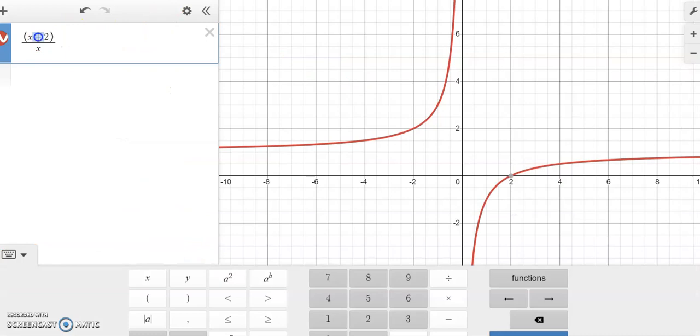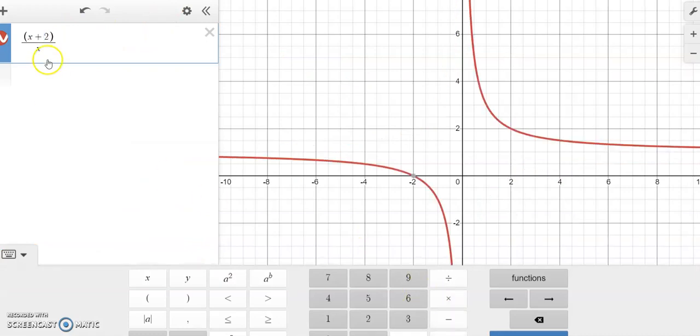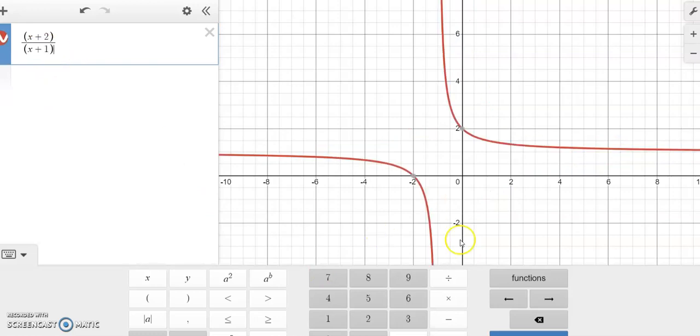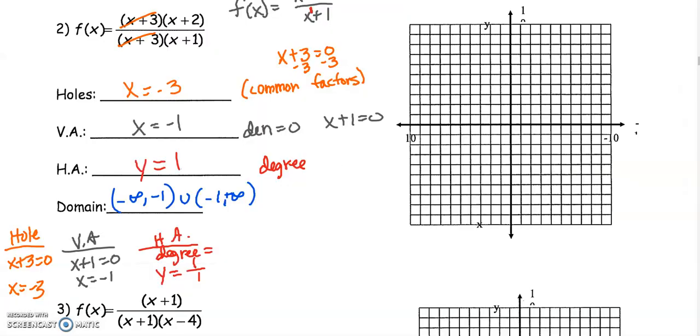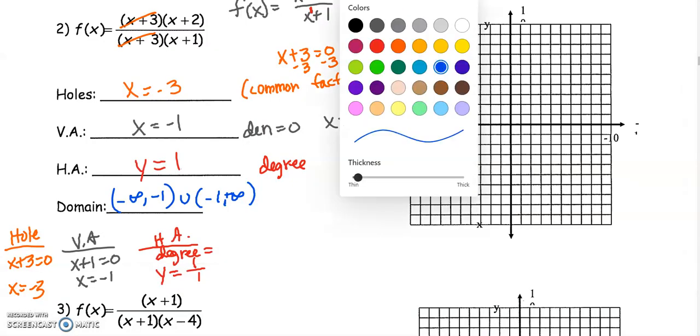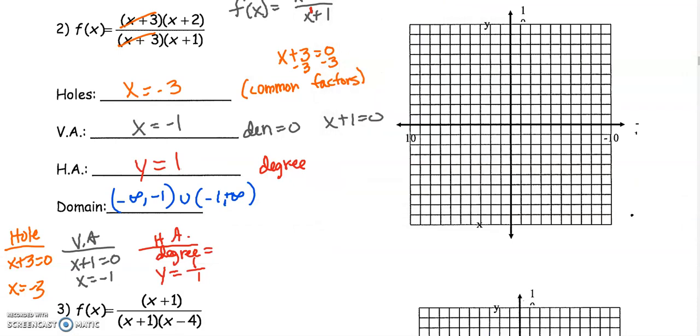It was x plus 2 over x plus 1. And there it is. So we're going to make our graph look like that. Let's put in our asymptotes first.